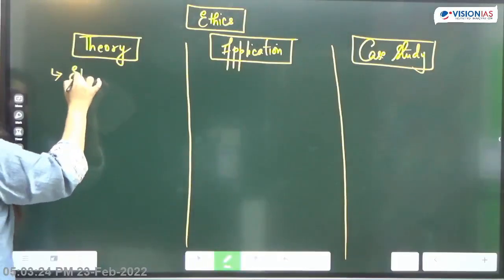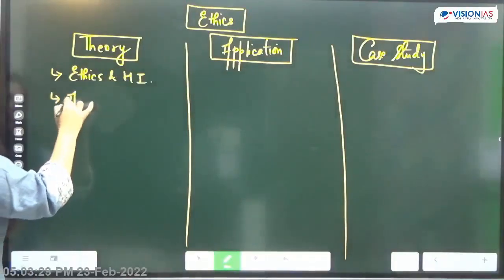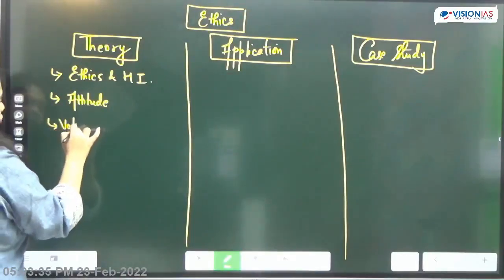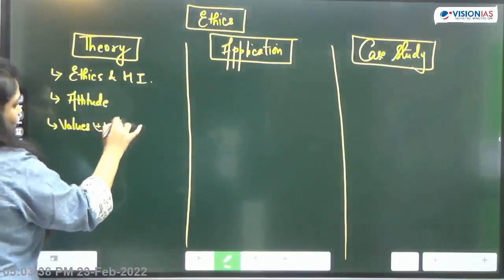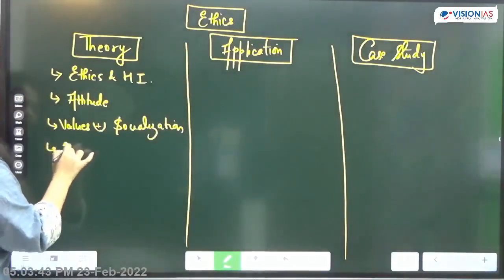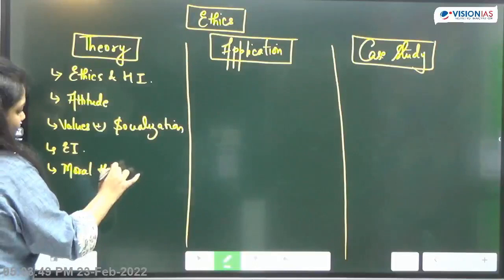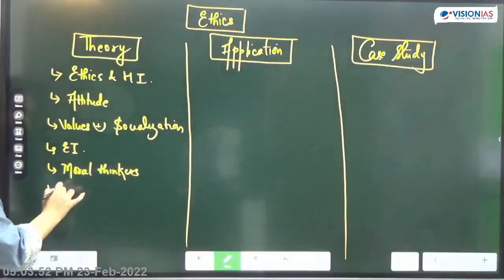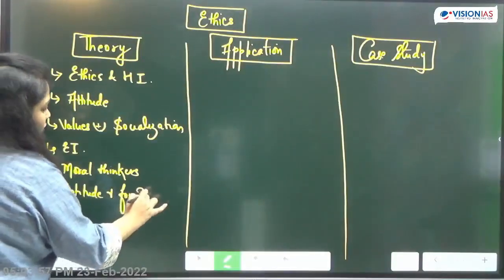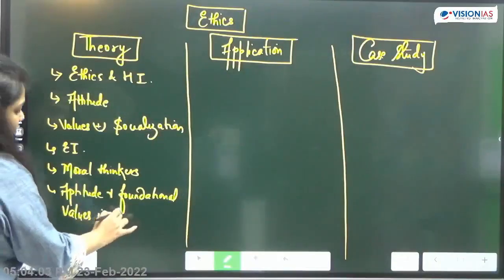With respect to theory, you have topics such as ethics and human interface, attitude, values and socialization, emotional intelligence, moral thinkers, aptitude and foundational values in civil services.